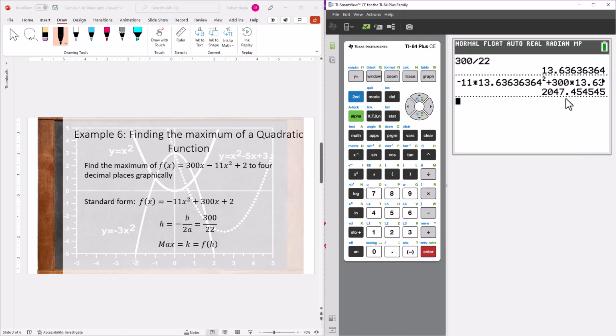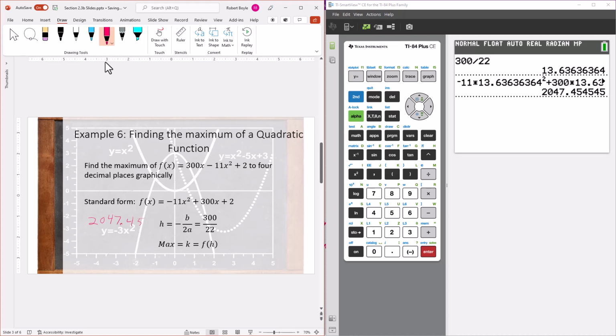And that right there is our maximum. The maximum will be 2047.4545. Okay, and that occurs when, so that's k, and that occurs when x is equal to 13.6364. Okay, rounding that up.